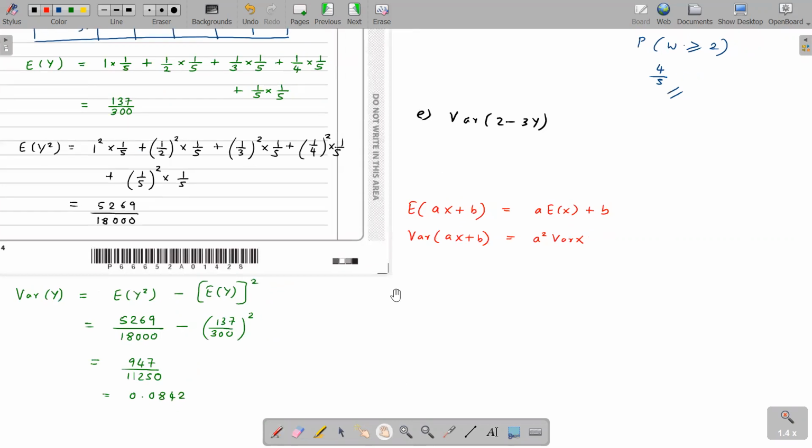So here basically variance of 2 minus 3y, when I open the bracket, will the 2 come out? 2 is alone without the y, so 2 doesn't come out, it just becomes a 0. Now minus 3, what happens? We need to square whatever the value is with our variable, right? So we get minus 3 square times variance of y. Minus 3 square is 9 times variance of y, which was 947 over 11,250. How much is it?